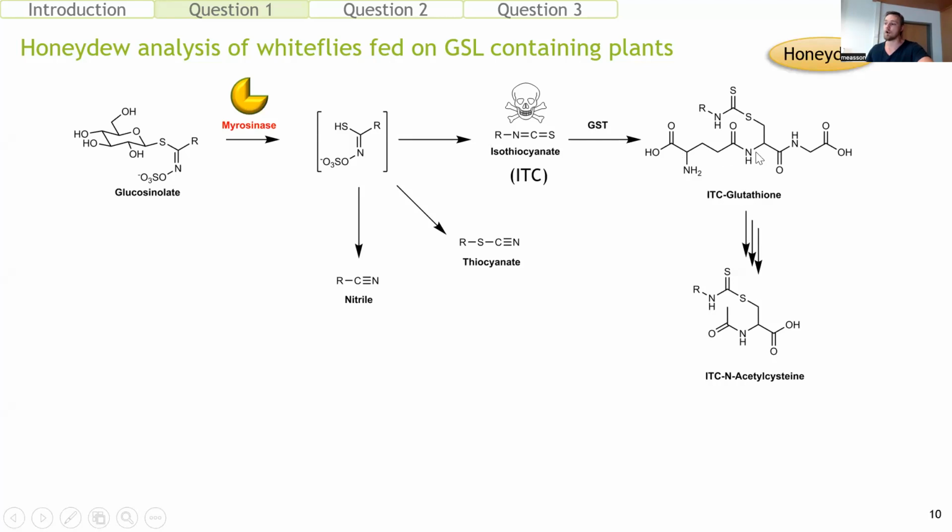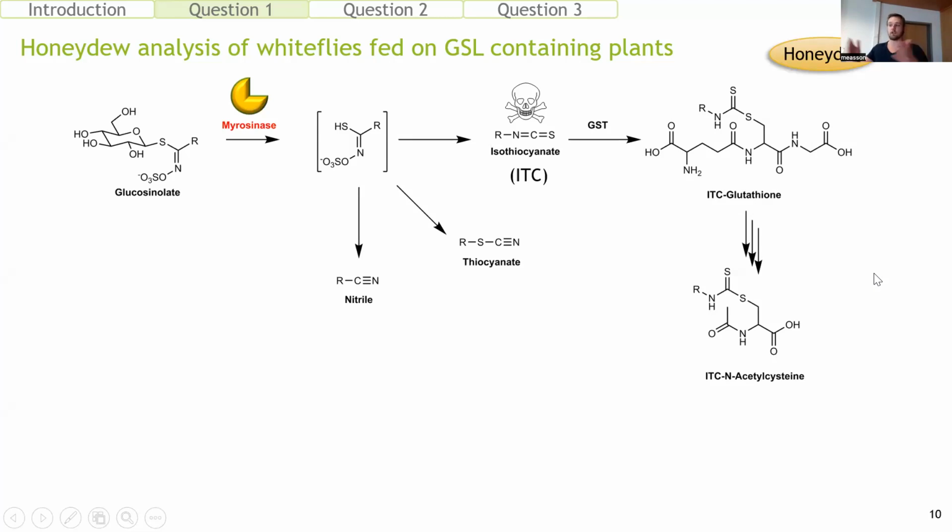Glutathione is a tripeptide, and it's responsible for dealing with these electrophiles, which would otherwise interact with proteins, making them non-viable. There are also downstream scavenging reaction mechanisms to mitigate the loss of nitrogen in this conjugation.